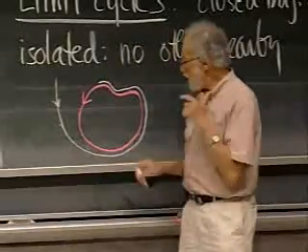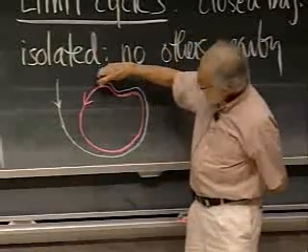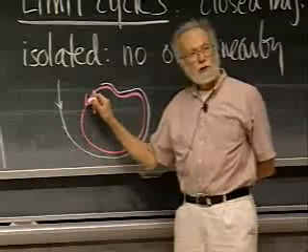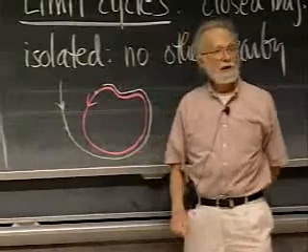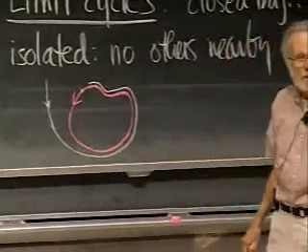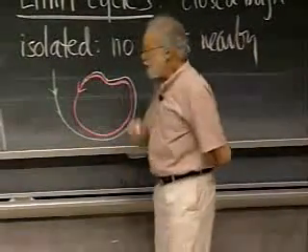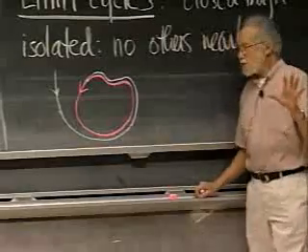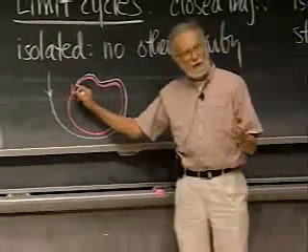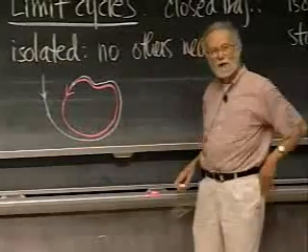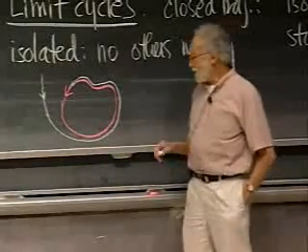It can never join it, because if it joined it at the joining point, I would have two solutions going through this point, and that's illegal. So all it can do is get arbitrarily close. On the computer screen, it will look as if it joins it, but of course it cannot. It's just the resolution, the pixels, not enough pixels. The resolution isn't good enough.